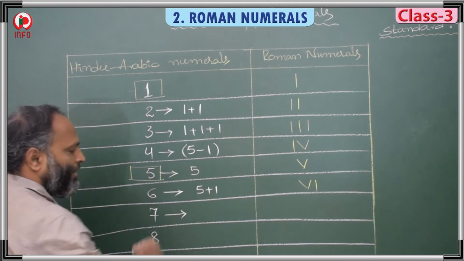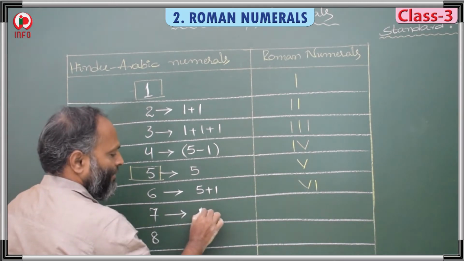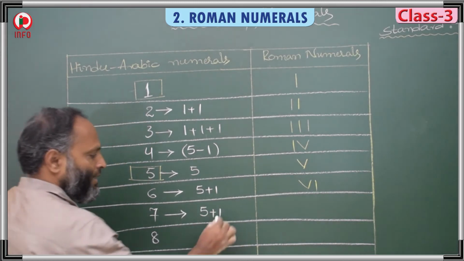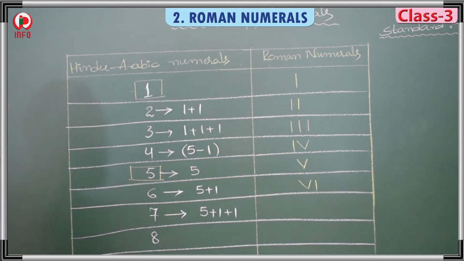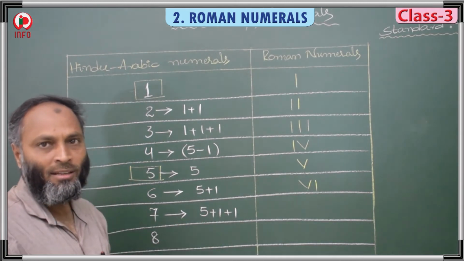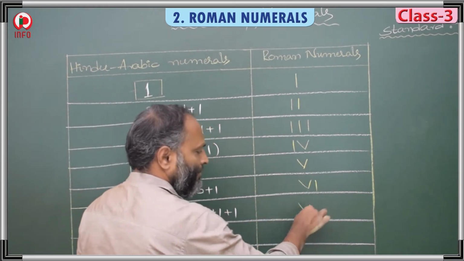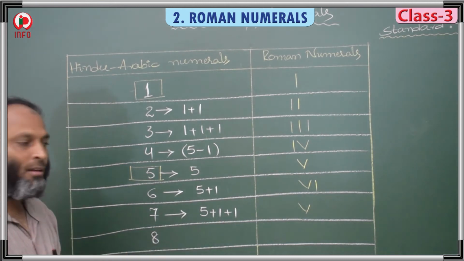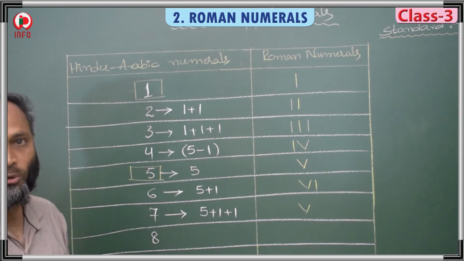Then 7. How do we represent 7? 5 plus 1 is 6, plus 1 is 7. Plus is there, so first we take the bigger Roman numeral, and after that we take the smaller Roman numeral repeated twice. Why?